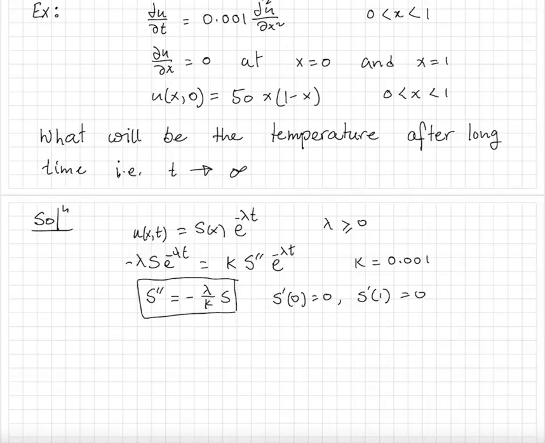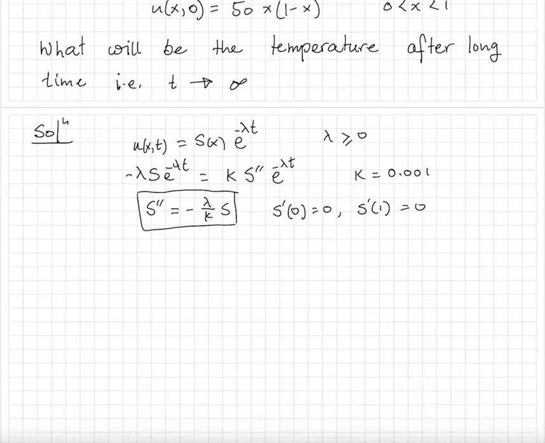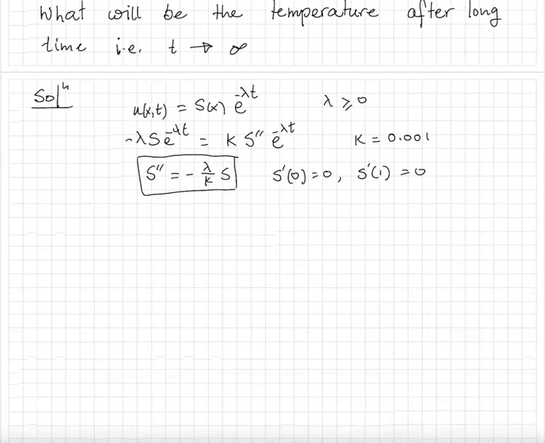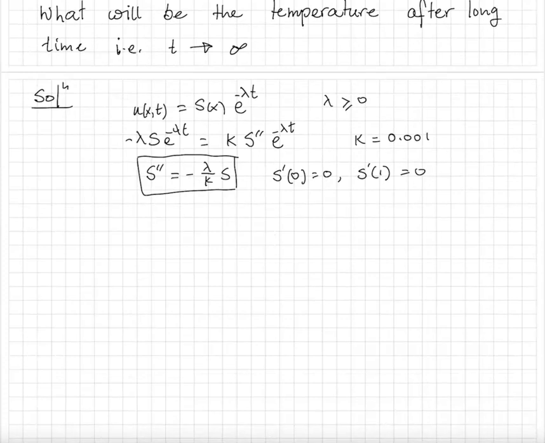And from ODE knowledge, we already know that this is a second order boundary value problem. Its solutions or eigenfunctions are either sines or cosines, and there are an infinite number of eigenfunctions. So we will put a subscript, S_n as a function of x, and it will be sine n pi x, because the domain is 0 to 1.